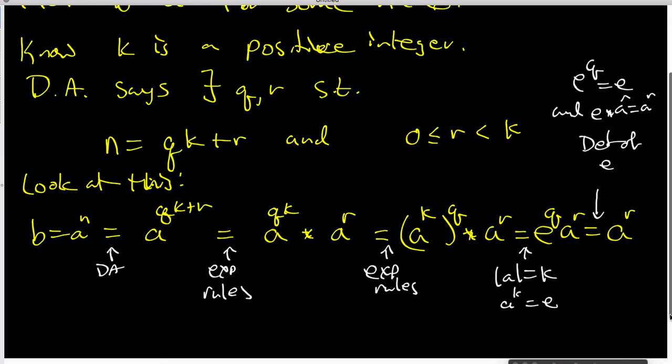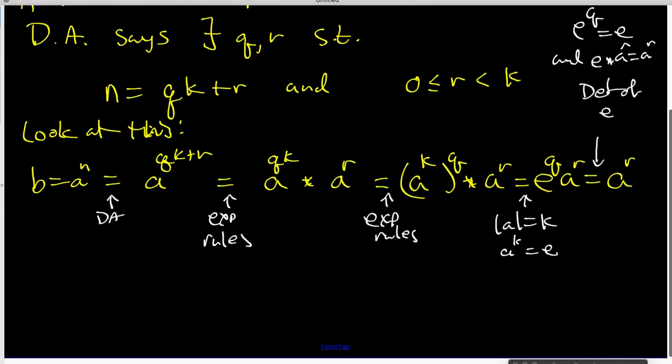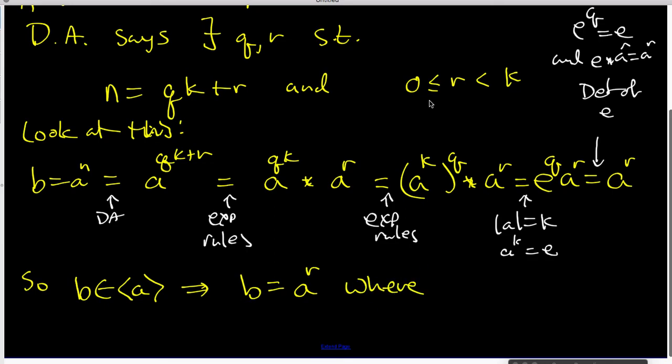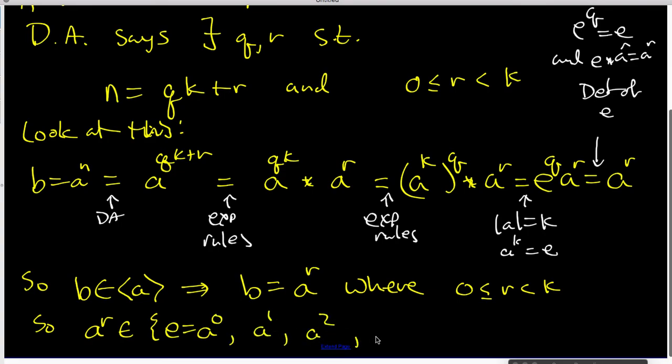So what we have in this particular set of calculations is the fact that B inside the cyclic subgroup generated by A implies that B is actually equal to a to the r, where r satisfies that particular inequality up there. So a to the r definitely is in my list of e, which is a to the 0, a to the 1, a to the 2, all the way up to a to the k minus 1.